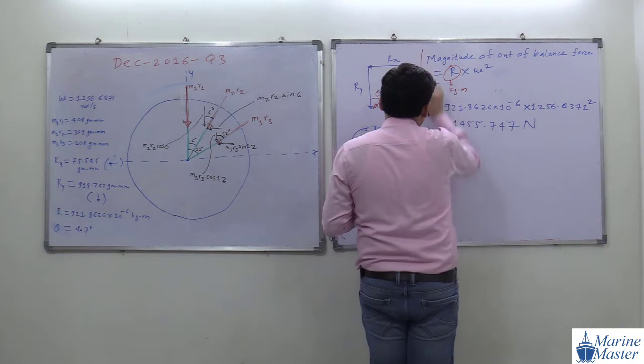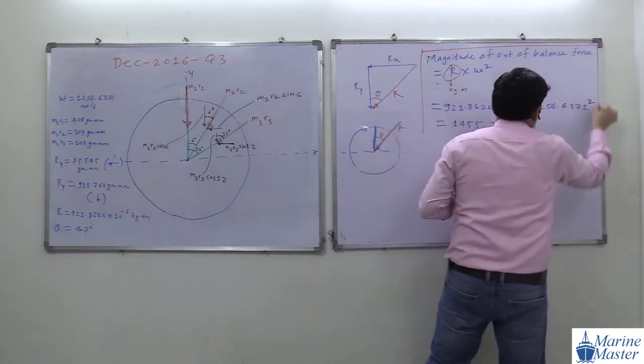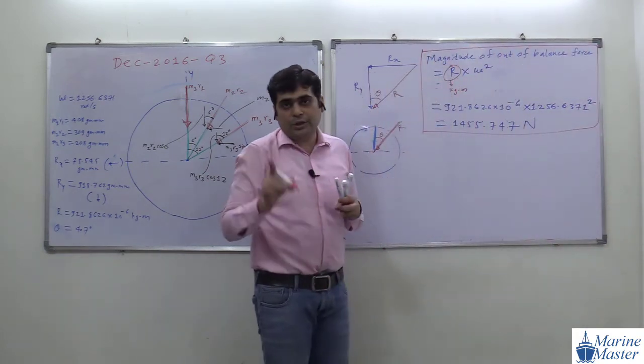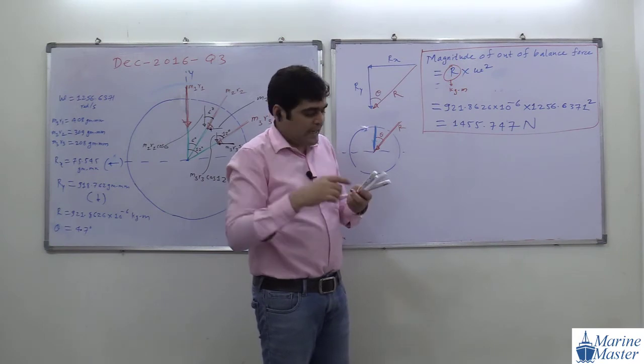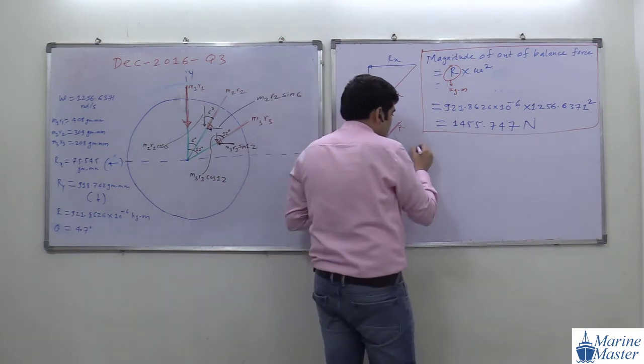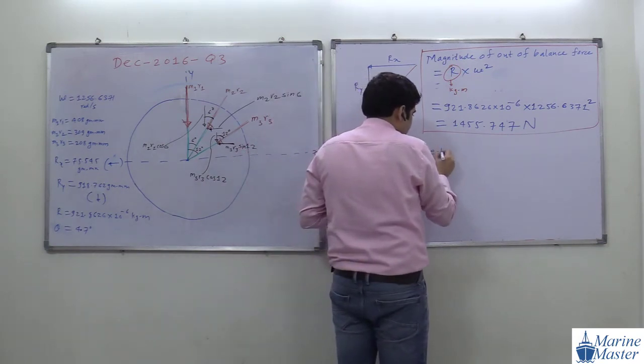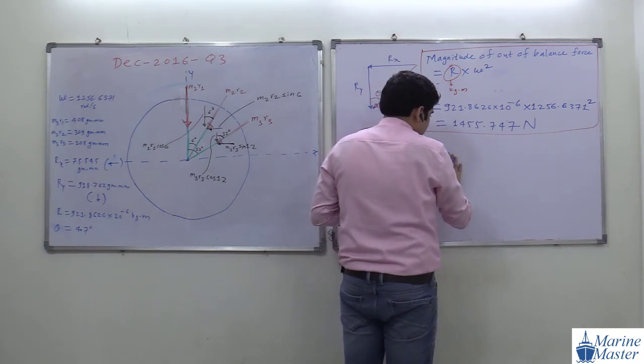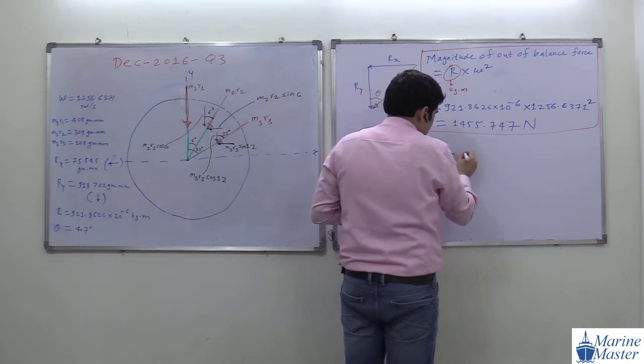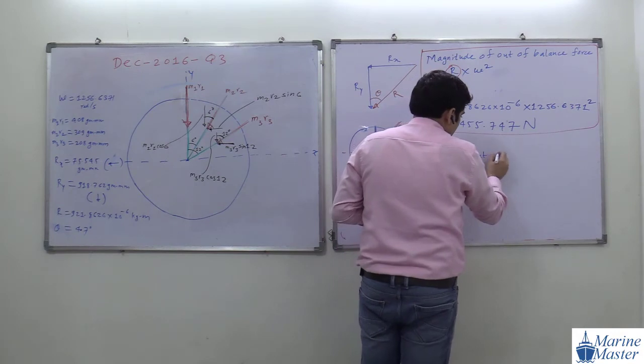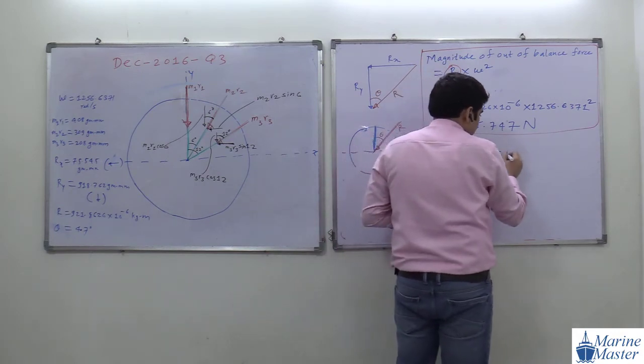So we got the magnitude of the out of balance force. And at the end, what we need is the direction.